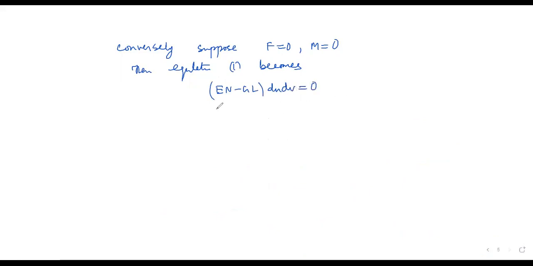But EN − GL cannot be equal to 0. Why? Because otherwise the point would be an oblique, indeterminate point, which would have no meaning.